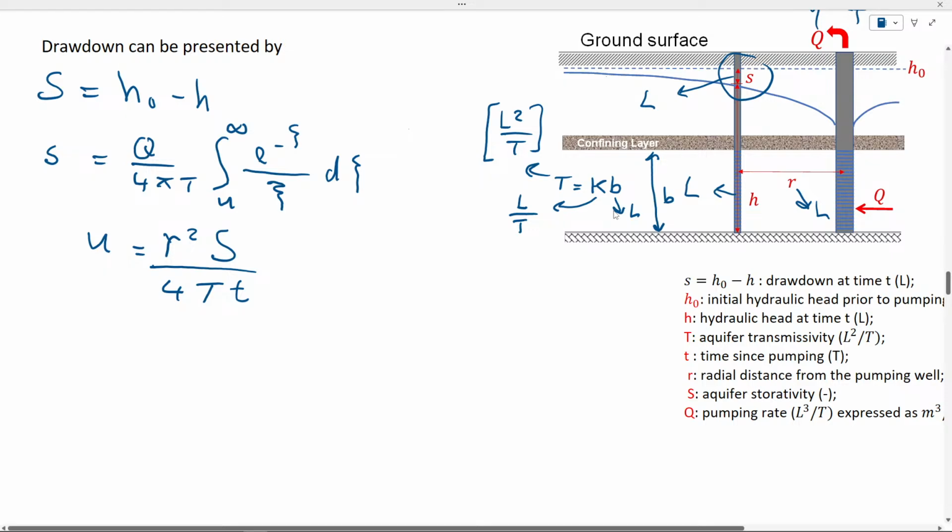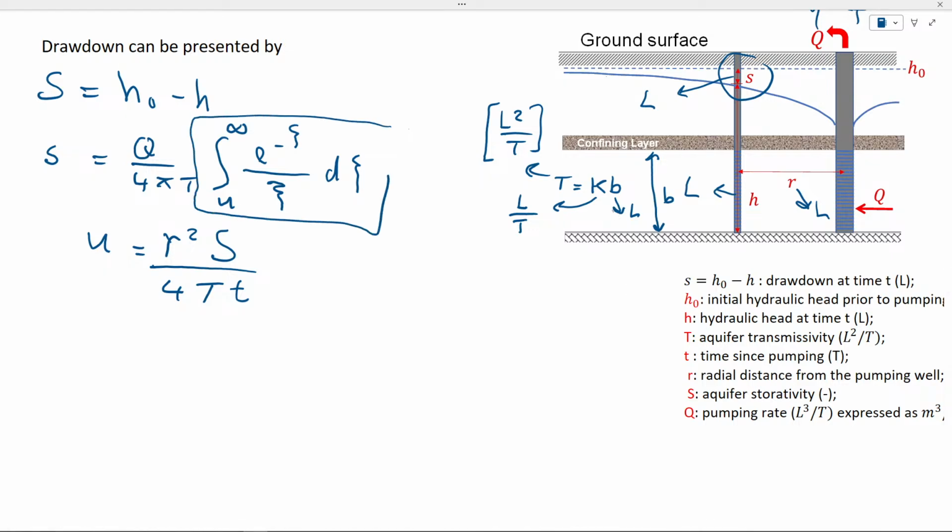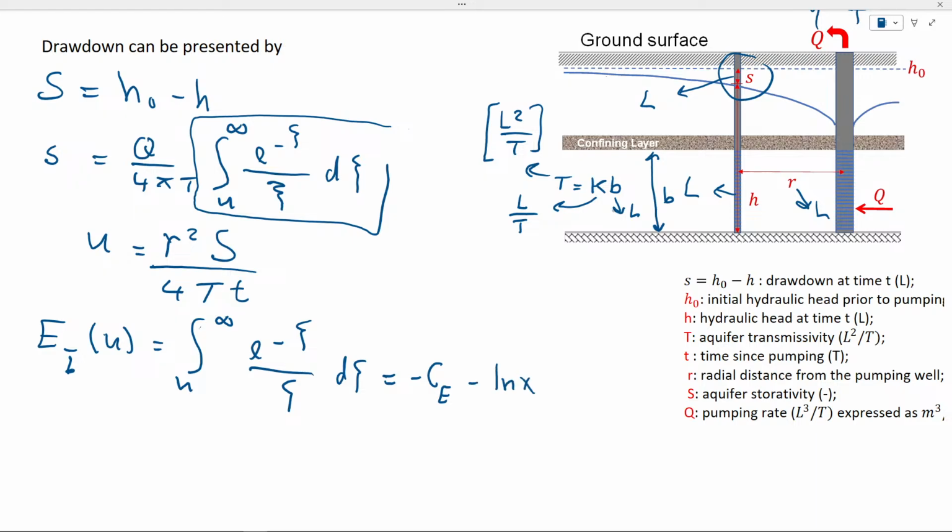So the solution of this guy, the Ei function of u or x or whatever, is equal to the integral of e to the psi over psi, d psi. And what is the solution of this guy?